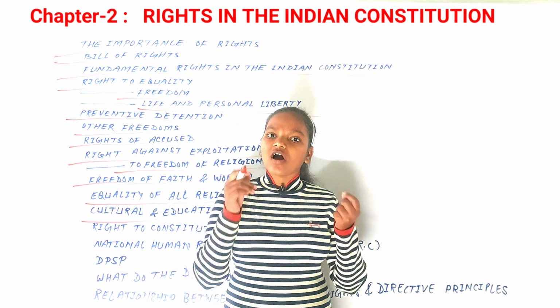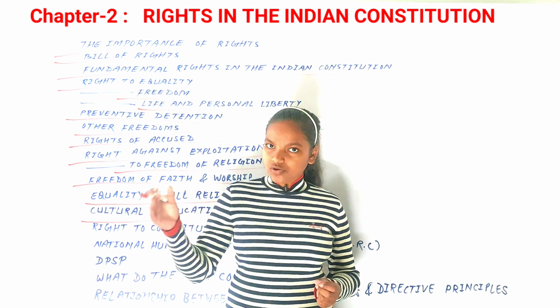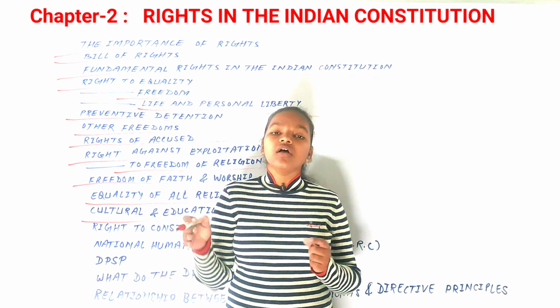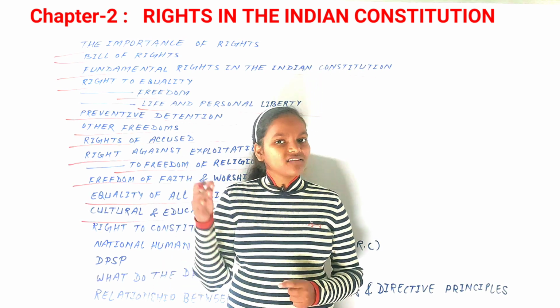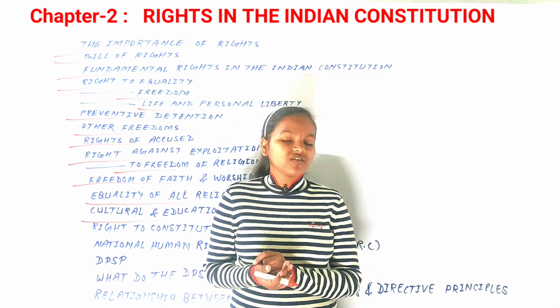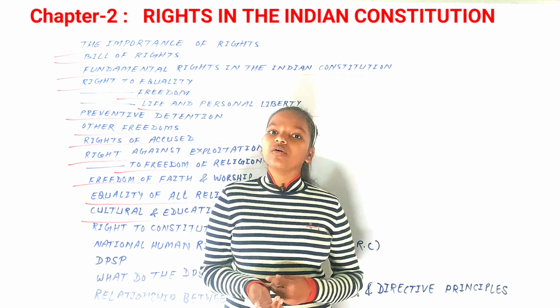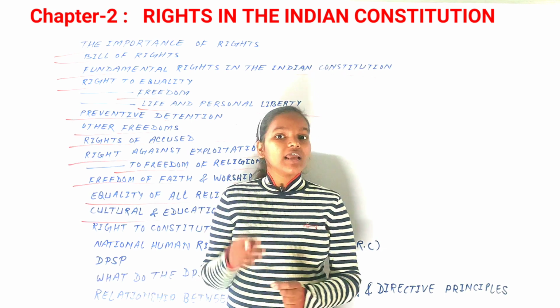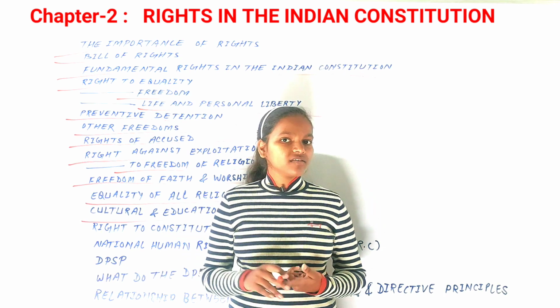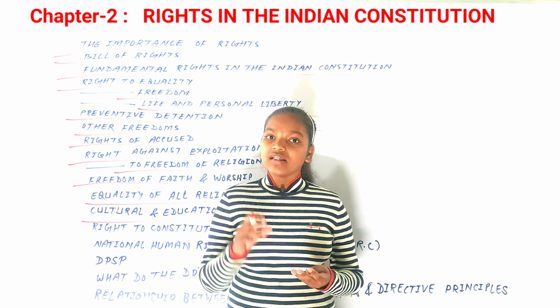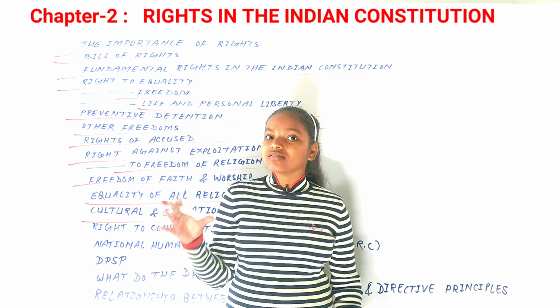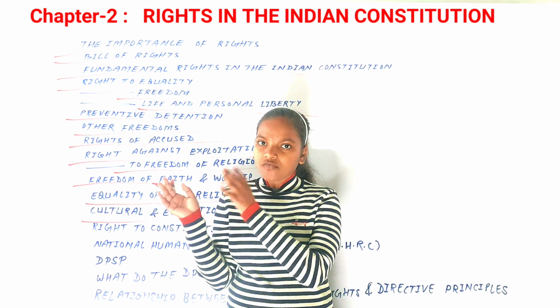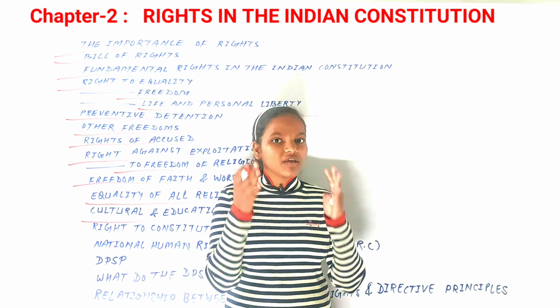The government aiding that educational institution cannot discriminate against it just because it is being managed by a minority group. A minority here means a particular section of people, on the basis of religion, language or culture, who are outnumbered in some particular territory of India.